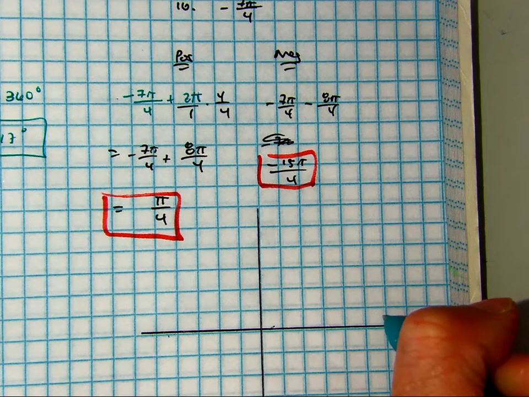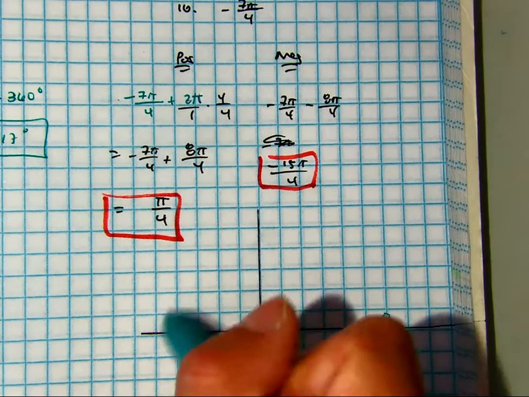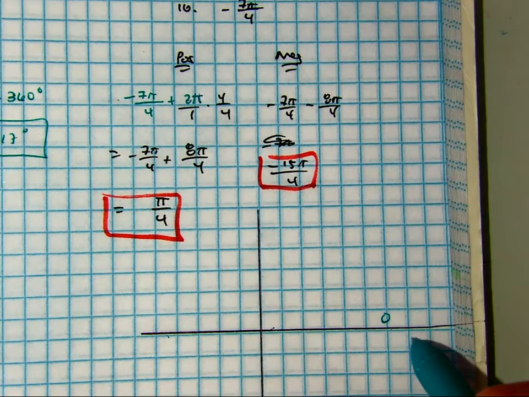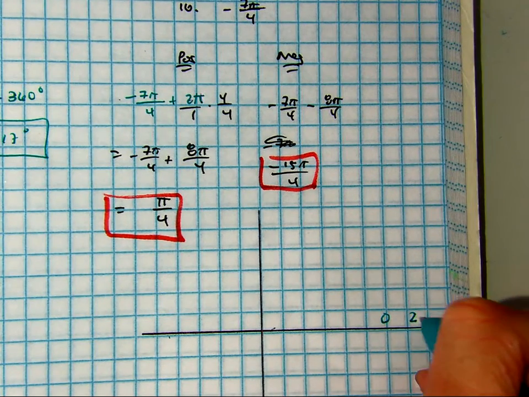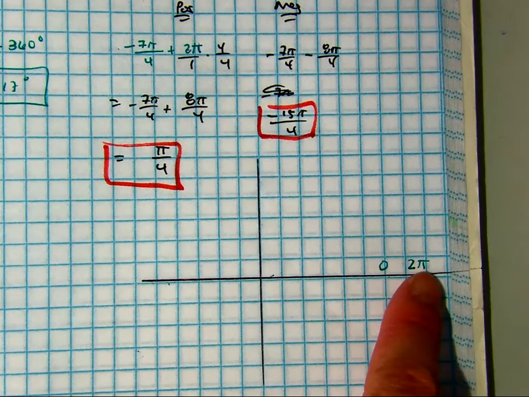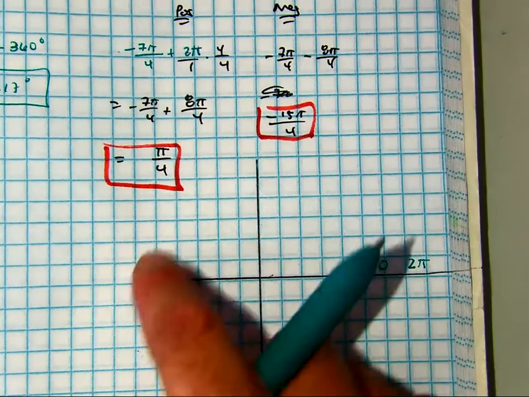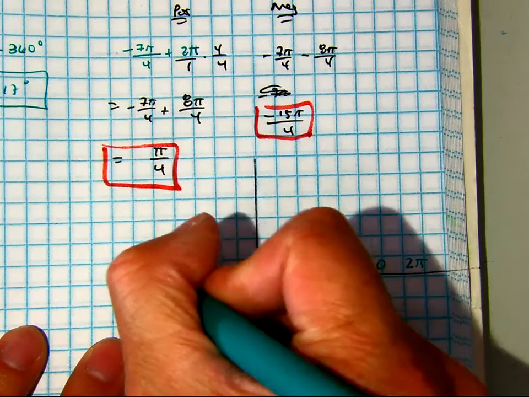In radians, it would just be 0 radians. In a full rotation of a circle, we would say 360 degrees, but in radians, a full rotation is 2 pi. Now, a half of a circle is 180 degrees, so half of 2 pi is 1 pi.